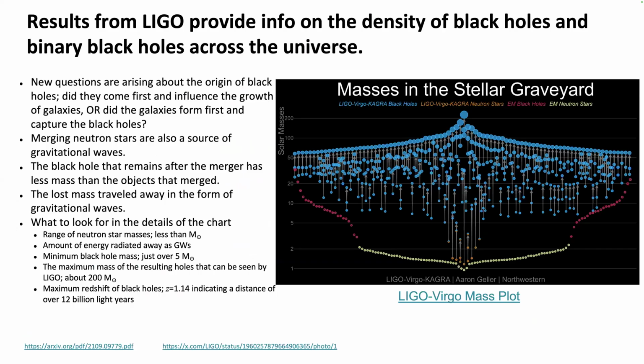The universe is filled with mergers, and the system's been running for 10 years now. And there are dozens and dozens of recorded black hole mergers, as well as neutron stars merging. Here's an example, neutron stars merging, maybe producing a black hole. That's why this is partly blue and partly orange. We're not sure what the end product was.